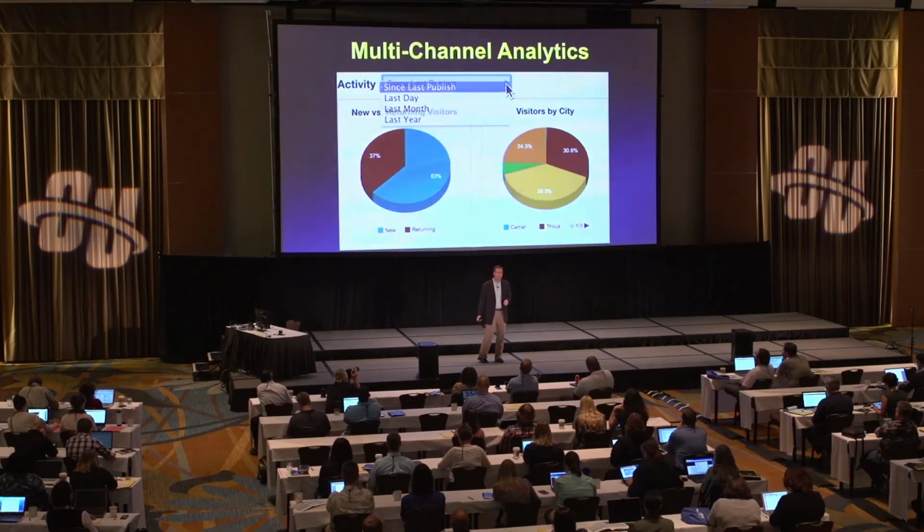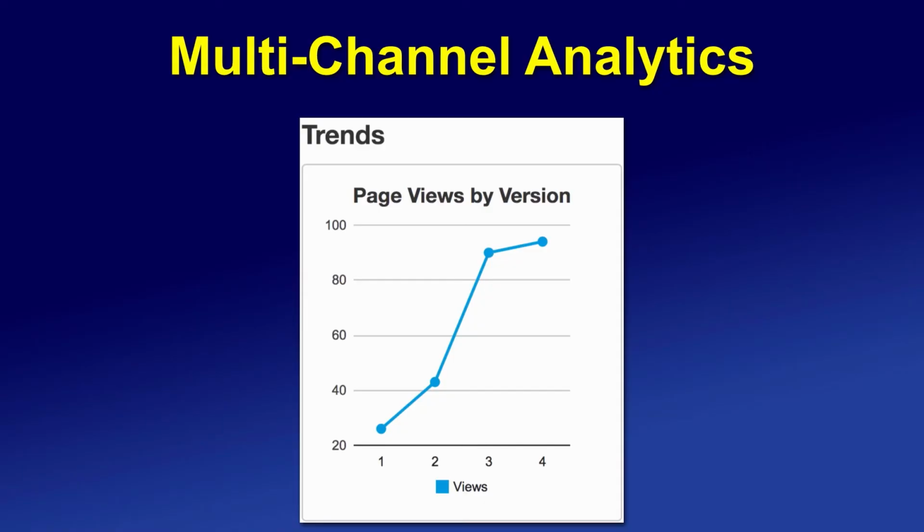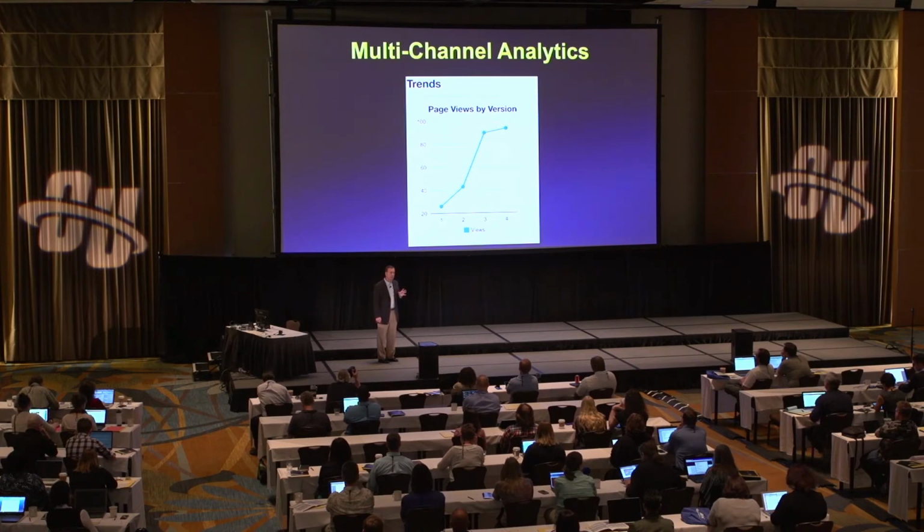That's really cool. We've also got things like trends by page views. So here we can see the page views by visitor, by version, so that your versioning system is actually operating to your advantage to show you what's happened in a trend over time. Pretty cool. Something you could only get because it's connected to the CMS.